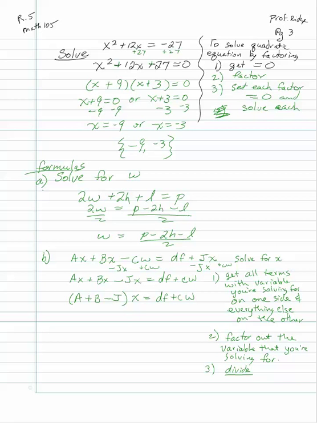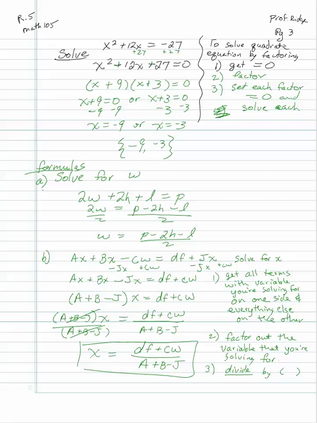So I'm going to divide by that parenthesis. So we're going to get x equals, here I'll show the step. I'm going to divide by the parenthesis. I don't have to write the parenthesis. Okay, so here they cancel and you get the x by itself. And that's df plus cw over a plus b minus j. And done. Okay, so that's a quick little review.